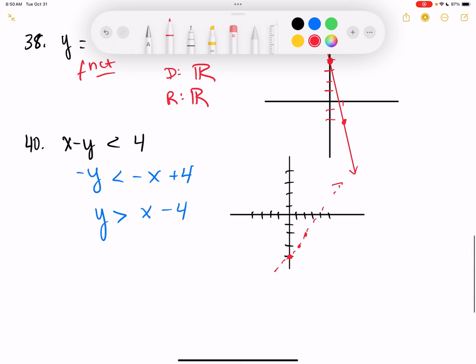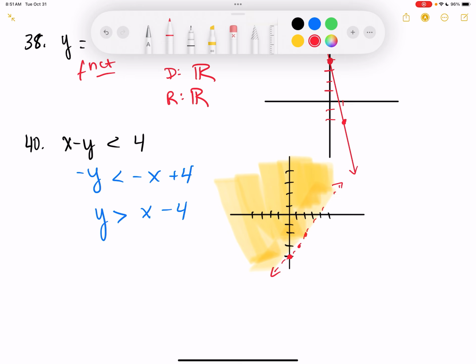What would the next thing be? Shade above. And shading is because any value I plug in from this shaded area makes this statement true, right? So there are a lot of values for x equals 1, for example, that make this true. So would this be a function?